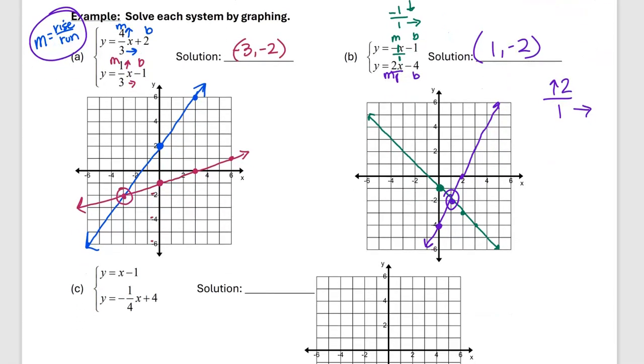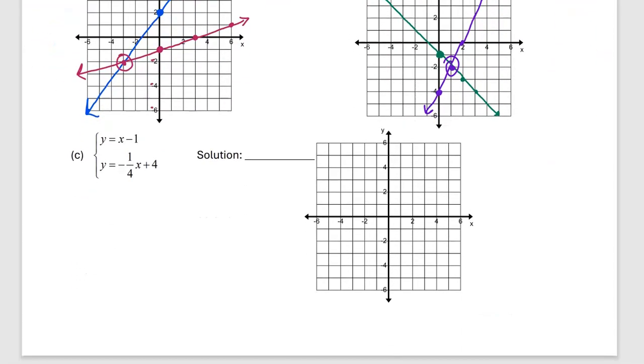All right, so then our third example here. Again, we have a 1 in front when we don't see a number, and it's over 1. So up 1, over 1, after we start at -1 with our beginning dot. And again, up 1 and right 1 for our slope.